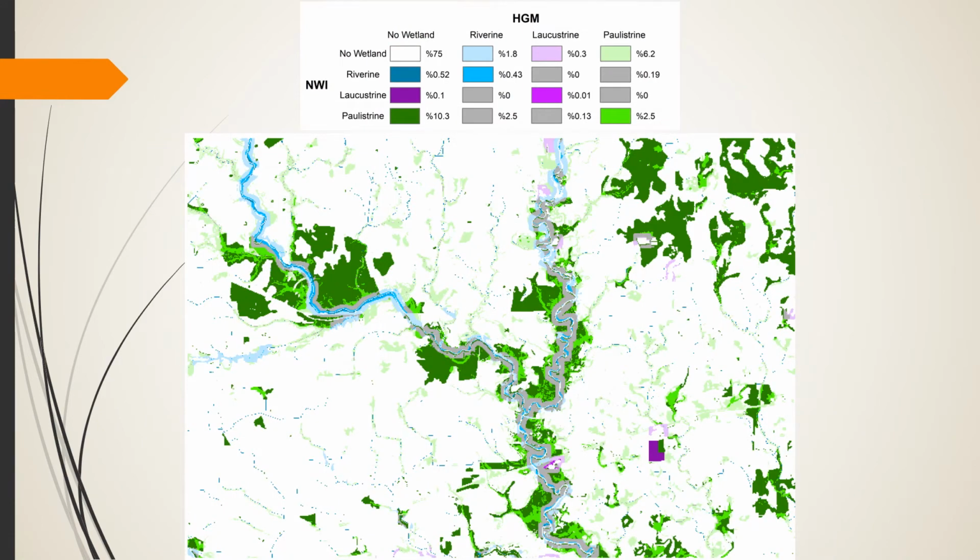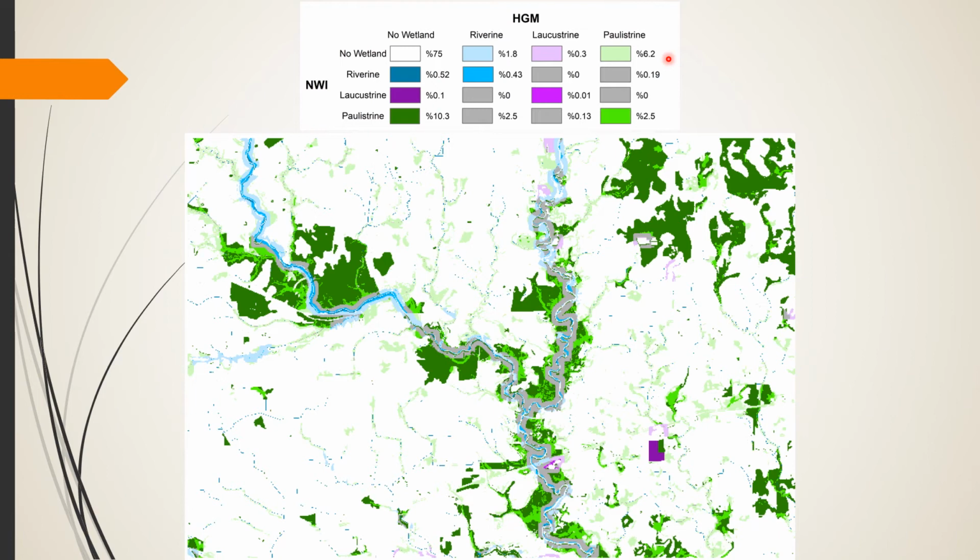So this surface shows one of the subsets of the study area over Dunham Springs. And again, we see that palustrine really dominates, with 10.3% of this area being false negatives and 2.5% being true positives for palustrine, as well as even 6.2% being false positives.